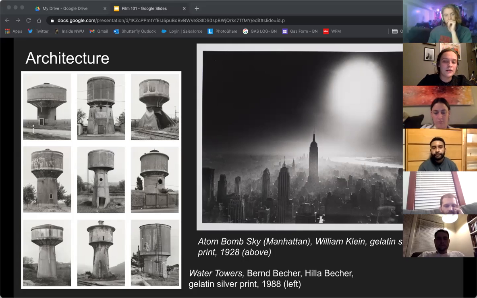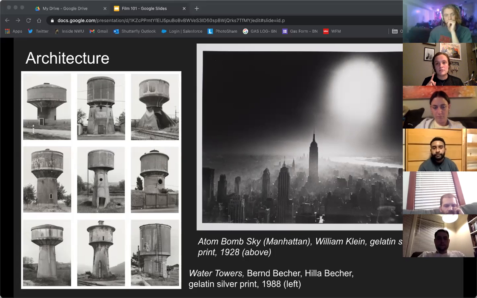Bernd and Hilla Becher are the photographers who took the photos of the water towers. They specifically went into the countryside and took photos of silos, water towers, grain elevators, and other urban structures that had been abandoned.